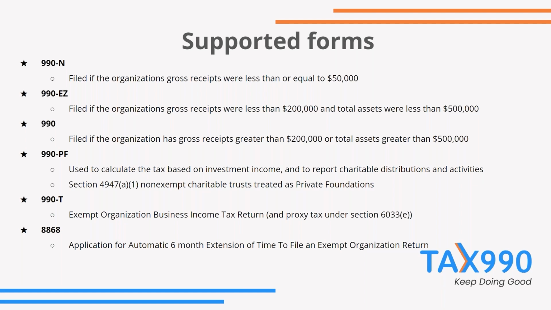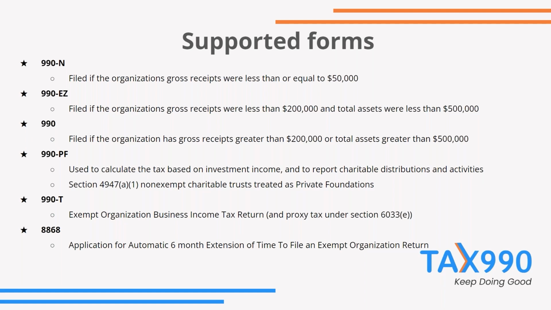The 990PF is used to calculate tax based on investment income and has to be filed if the organization is considered a private foundation. This one gets a little sticky because no matter what, if the organization's determination letter indicates it's a private foundation, it has to file the 990PF regardless of financial status.